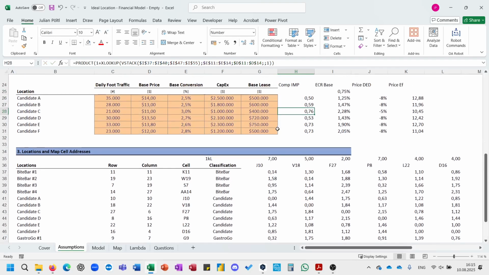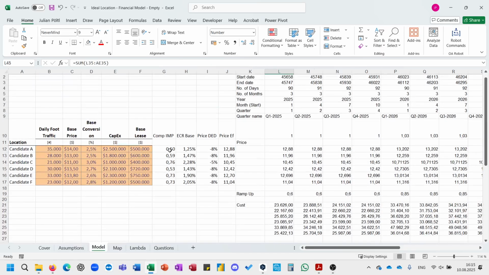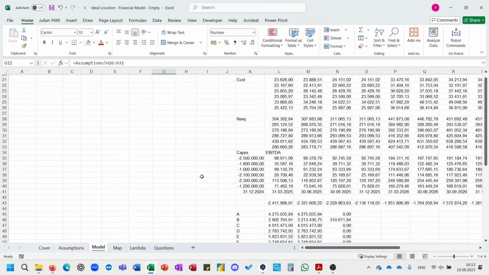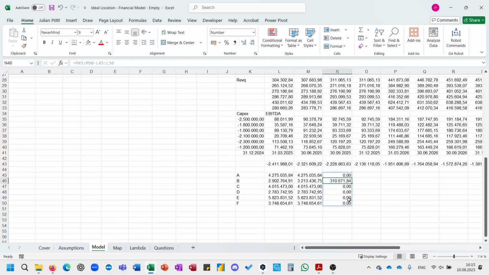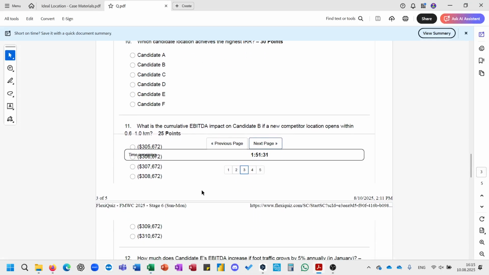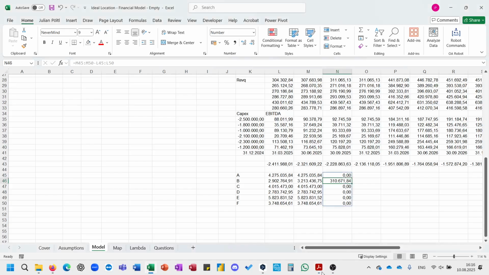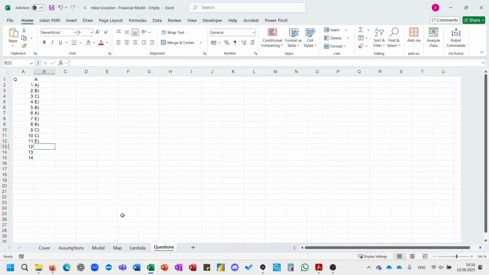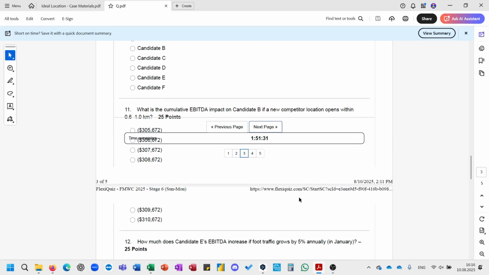And then we have a new competitor impact, and it was adjusted in our model, and we have here an EBITDA impact of $310,671 or $72, which is answer E, and minus impact, of course. Yeah, okay, it was the other way around. So I should basically switch this here. So answer E.